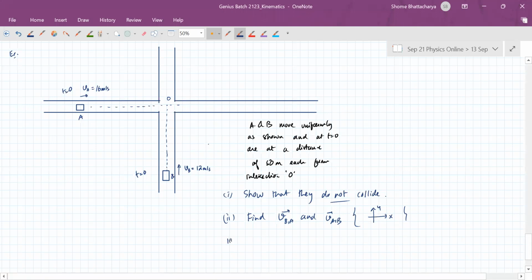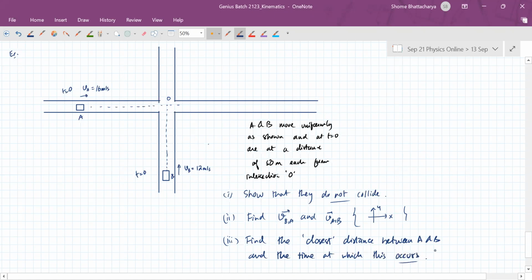And third is going to be the very interesting part: find the closest distance between A and B, and the time at which the closest distance occurs.